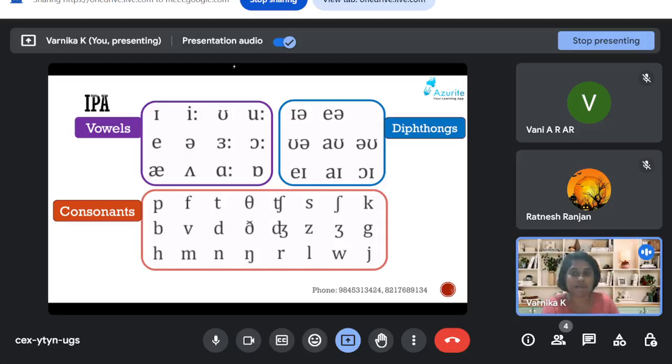Firstly there are vowel sounds which are on top, and then you have consonant sounds. Diphthongs are also considered vowel sounds, but they're separately categorized here because there are two syllables in this sound. Your mouth starts with one form and it ends with another. That's the reason they're called diphthongs.